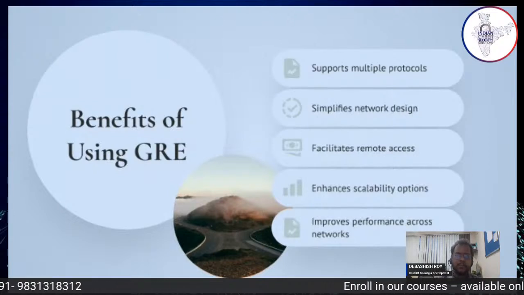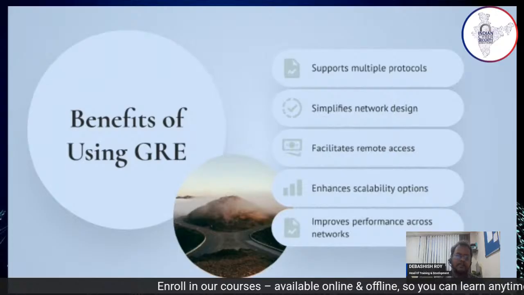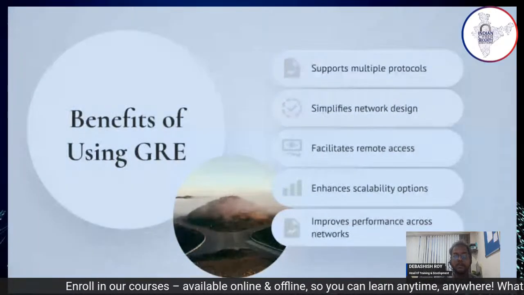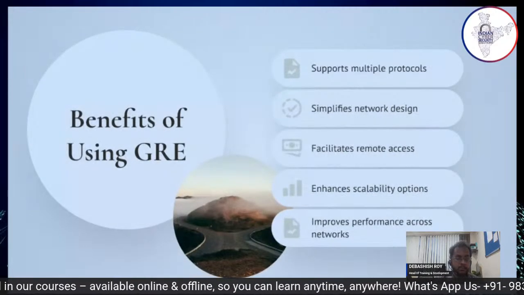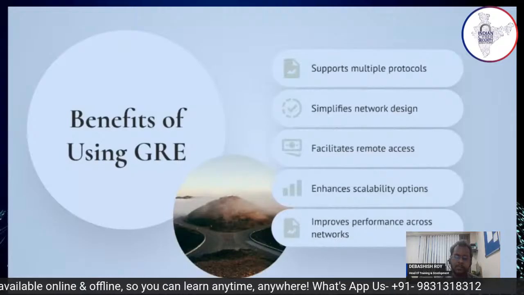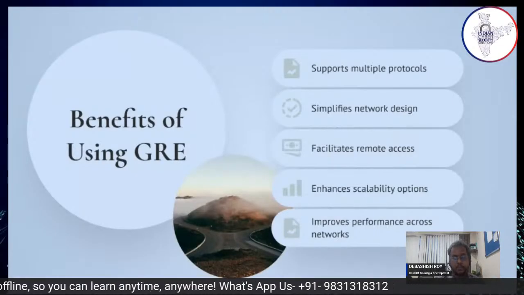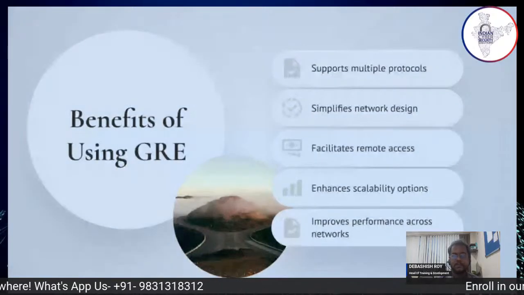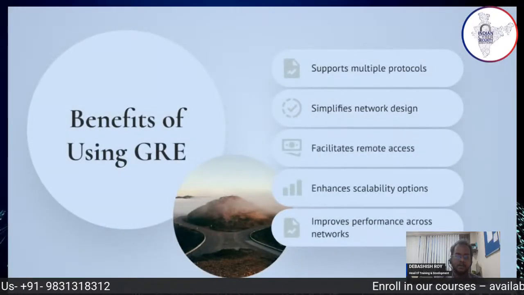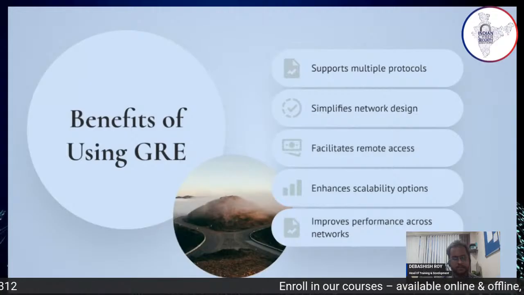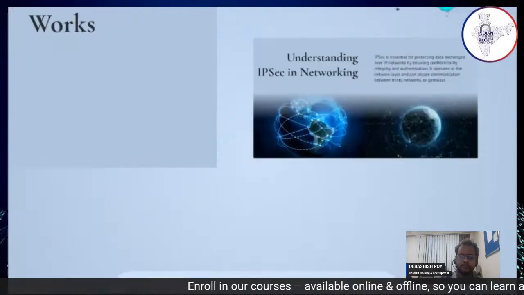It supports multiple protocols, simplifies the network design, and facilitates remote access, meaning from a remote location you can leverage this VPN. It enhances scalability options because VPN is spread across the globe, so it is scalable, and improves performance across networks definitely.